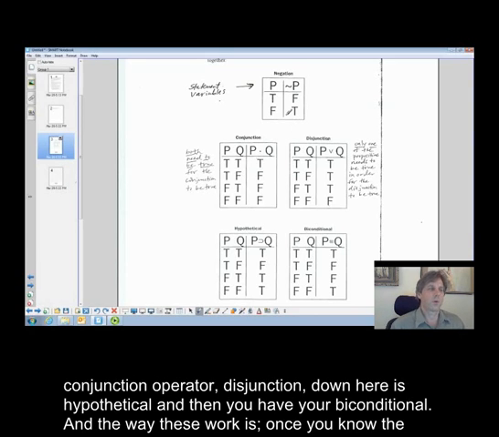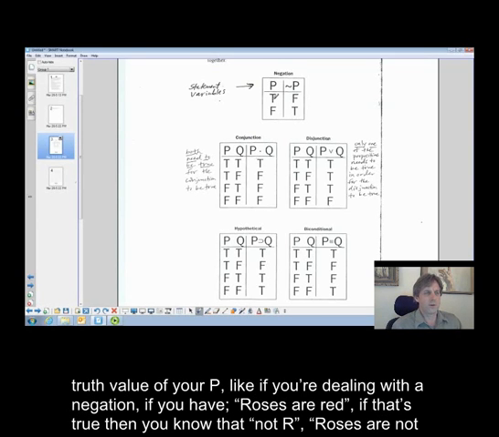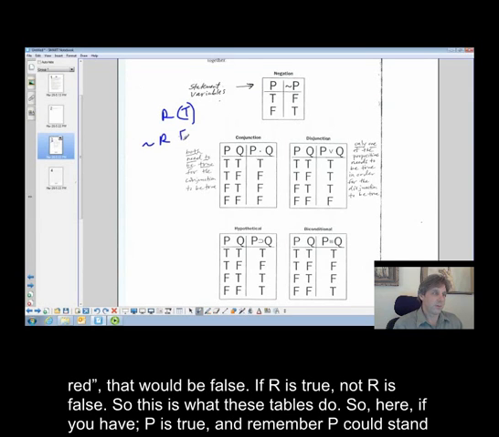And the way these work is, once you know the truth value of your P, like if you're dealing with a negation, right? If you have roses are red, if that's true, then you know that not R, roses are not red, would be false, right? If R is true, not R is false.